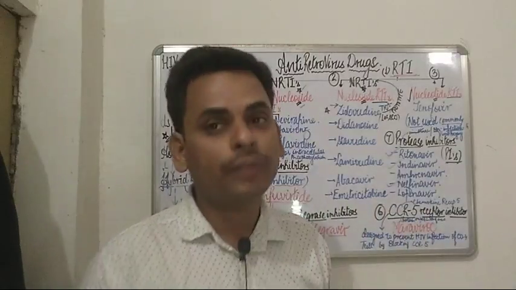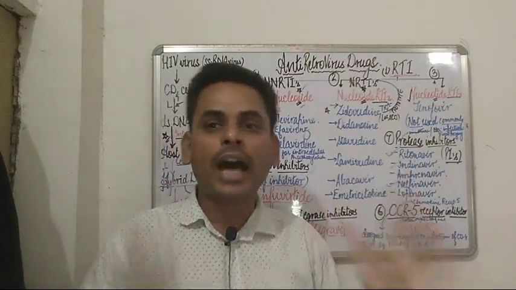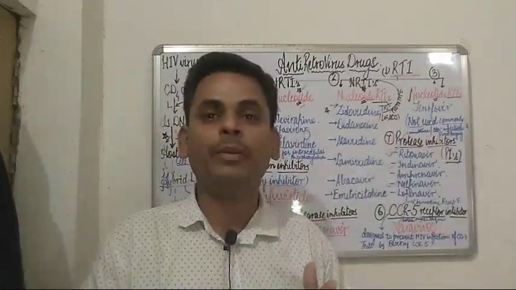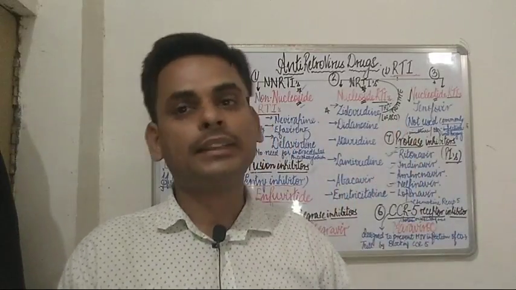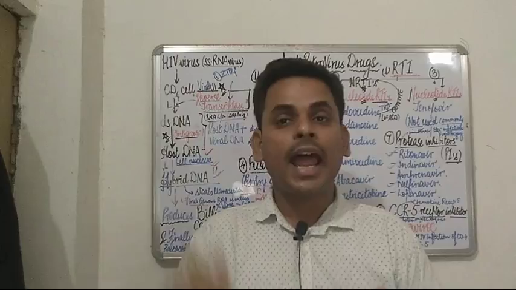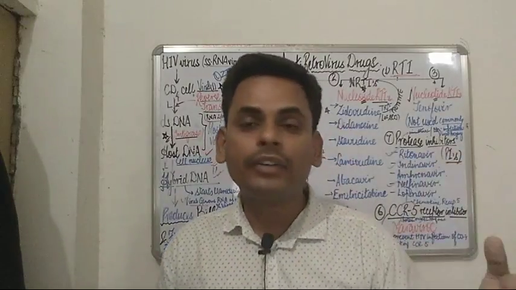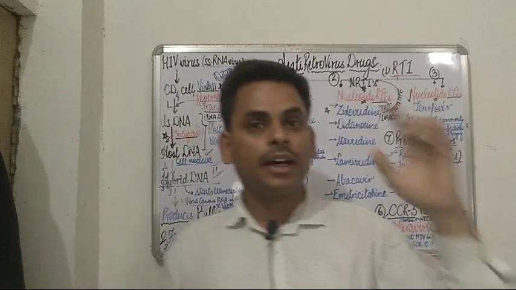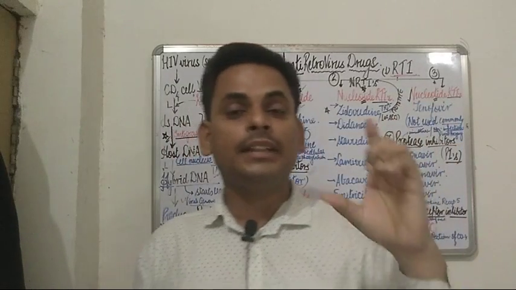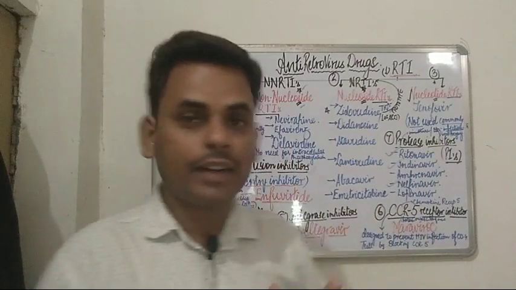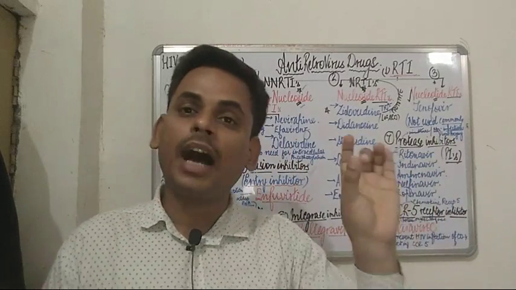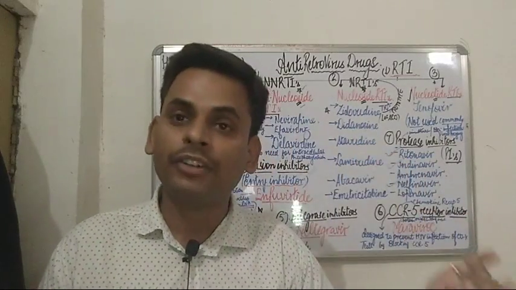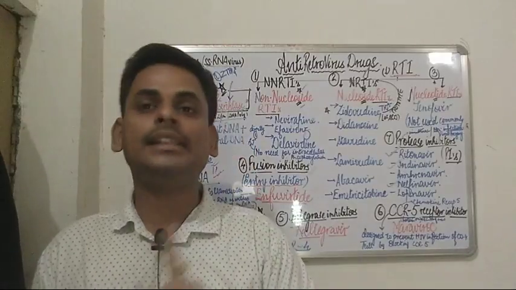So students, as I've already told you, the target cells for the HIV virus are the CD4 plus cells and the T lymphocyte cells, and there are receptors present on the CD4 cells and the T4 lymphocytes. These receptors are particularly the CCR5 and the CXCR4.